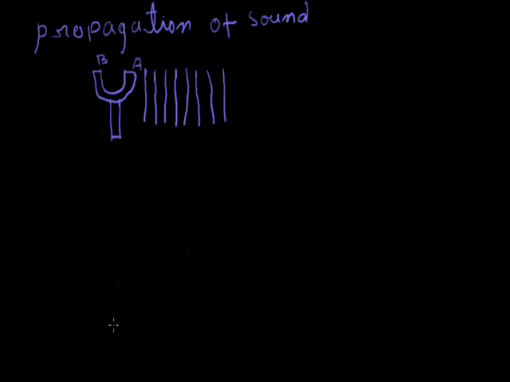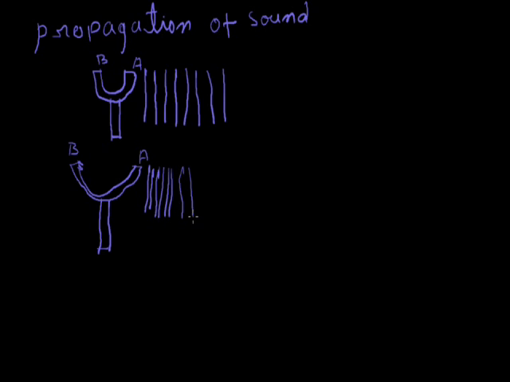You can see here that now it is stretched. So when it is stretched, the positions A and B shift from their mean position, and now the nearby air is compressed, as compared to the far side air.